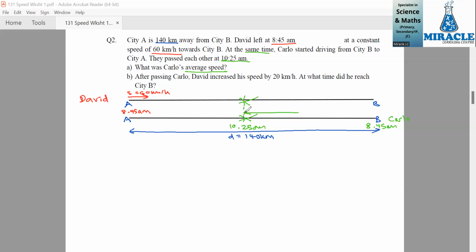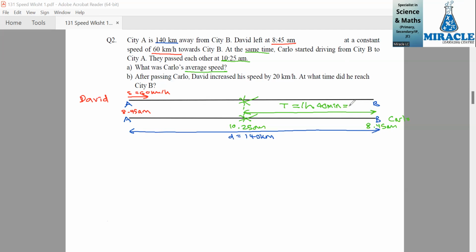And so the time that David and Carlos were traveling before they passed each other would be 1 hour and 40 minutes.